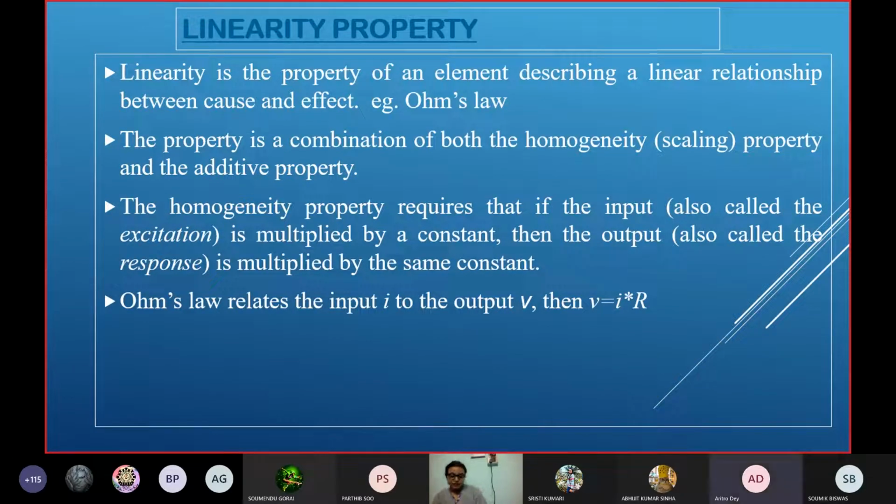That means if input U1 is given to the system, the output is Y1, and input U2 given to the system gives output Y2. When U1 plus U2 is provided as input, the output will be Y1 plus Y2, and if U1 minus U2 is provided, the output will be Y1 minus Y2.